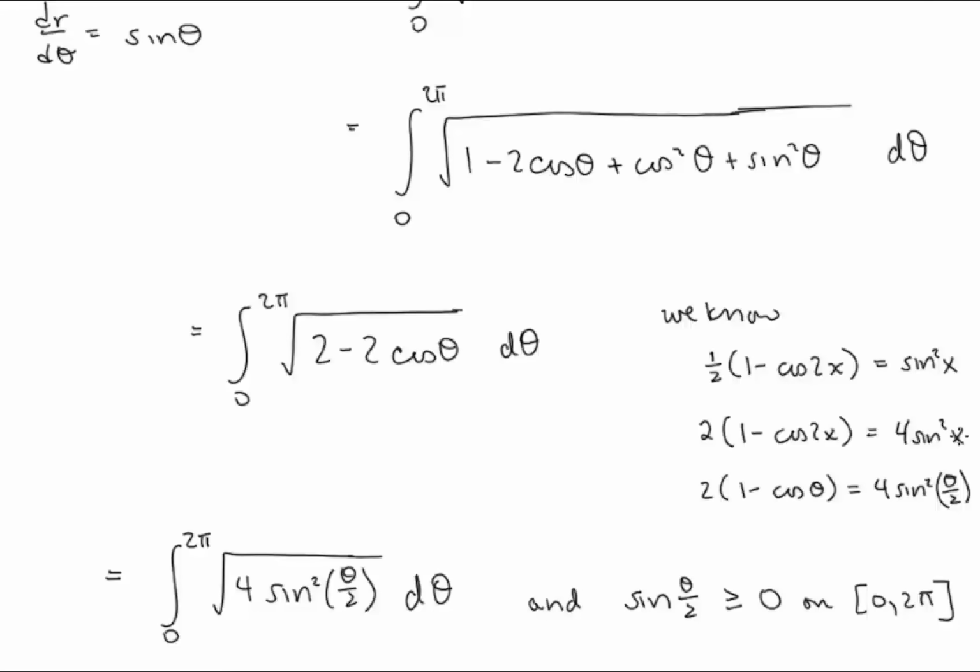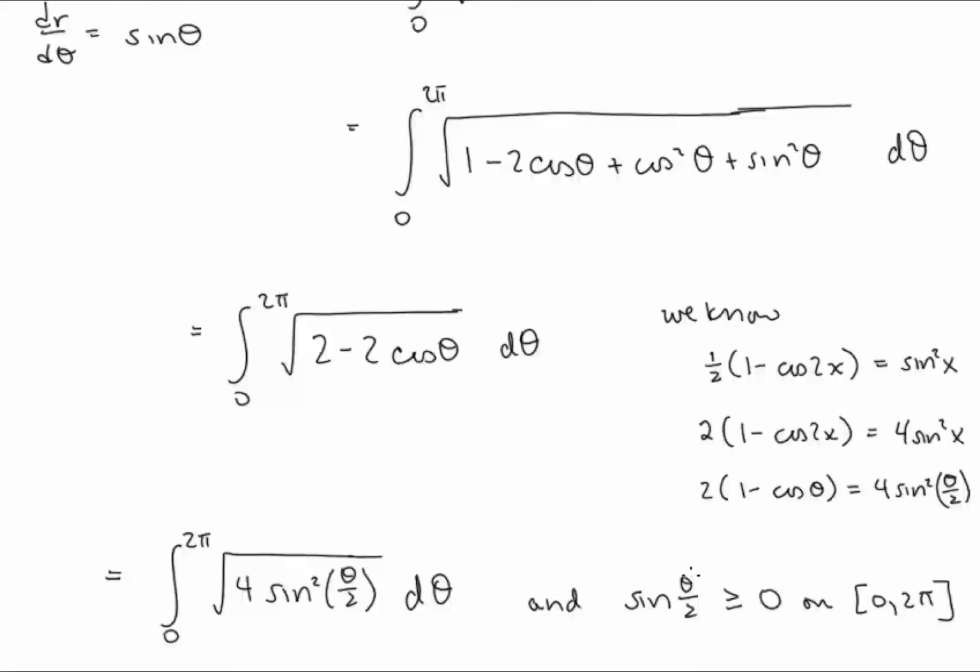So now we're almost there, but what we have here is a theta, not a 2 theta. So theta is going to replace 2x, which means this x is then theta over 2. So now we have radical of 4 sine square theta over 2 in our integral.